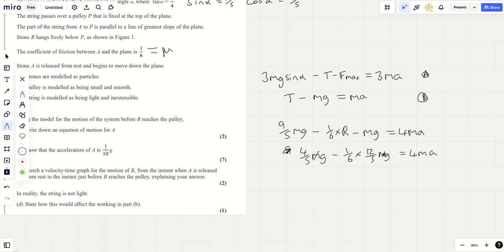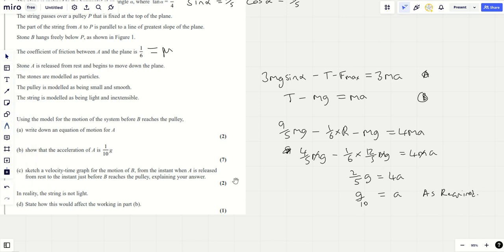The m's cancel, and we've got 4/5 minus, and that's going to be 2/5, which is 2/5 g equals 4a. Now just divide it by 4. I think if this is 4/10 divided by 4, you get g/10 is a as required.